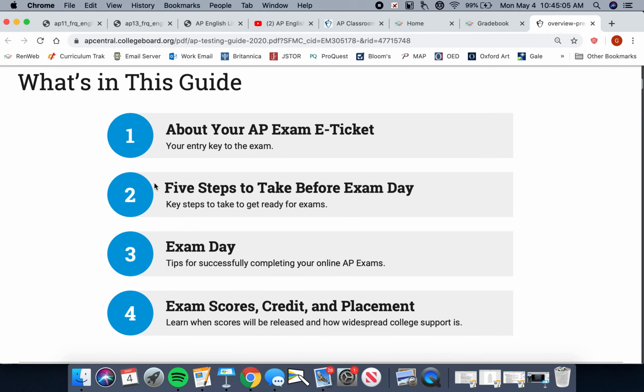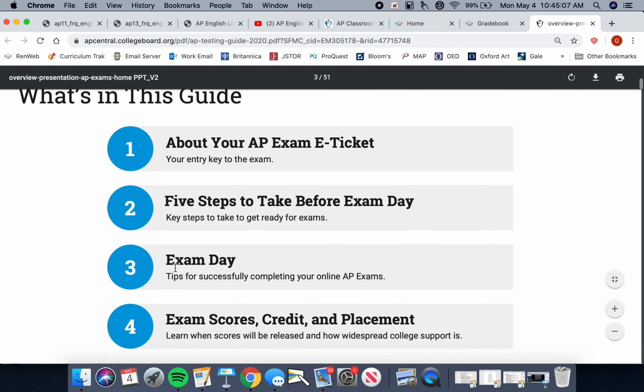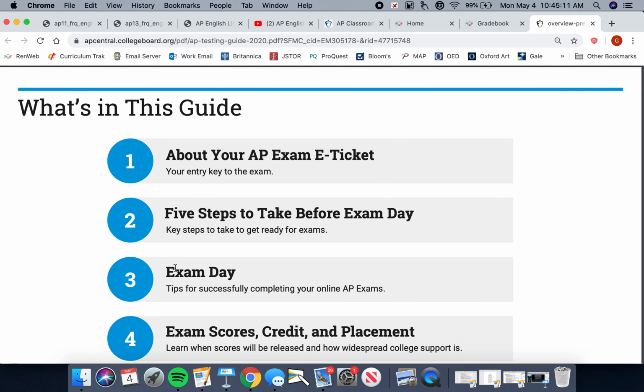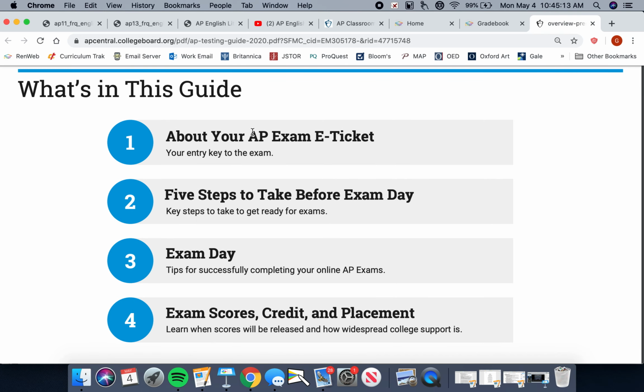There are 4 things that are going to be explained in this guide. It's not going to be riveting. This is not going to be as entertaining as your favorite Netflix show, but it's something you should engage with. First, it's going to explain what an AP exam e-ticket is. The second portion is going to explain the 5 steps you need to take before you arrive at the exam day and begin to take the exam.